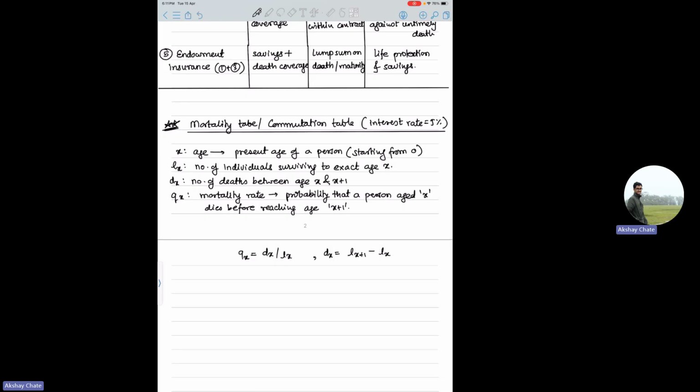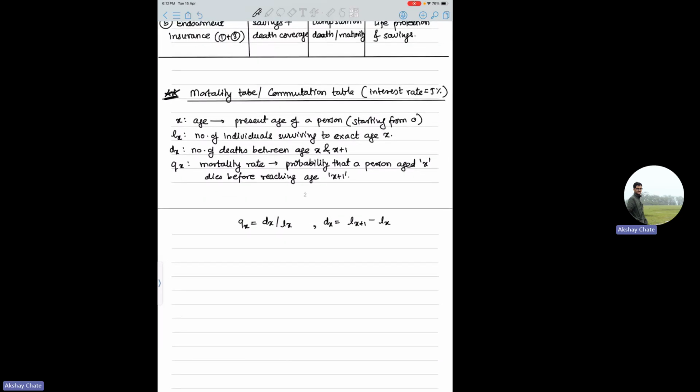And then you can define something called px, which is the complement of the mortality rate. You can call it the living rate also, but they don't use that term. Usually they call it the probability that a person aged x lives up to age x plus 1.